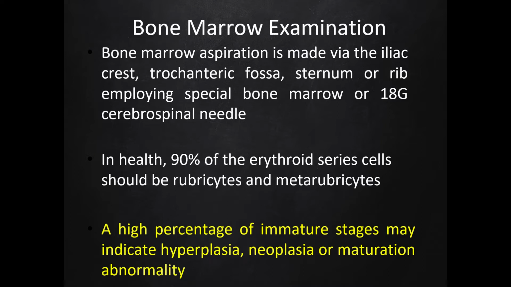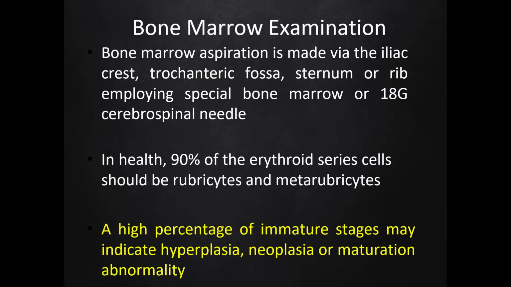But in the US, there are specialized persons to perform this. Usually in bone marrow examination, a high percentage of immature stages will indicate hyperplasia, or a normal increased number of cells, and would also indicate neoplasia, or a tumor characteristic of the cells, or an abnormality.